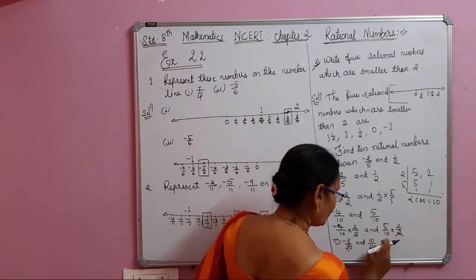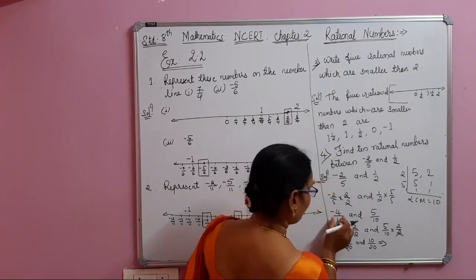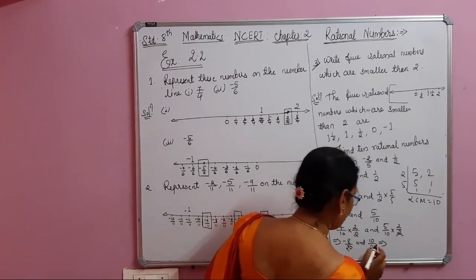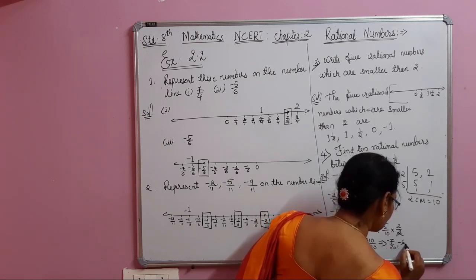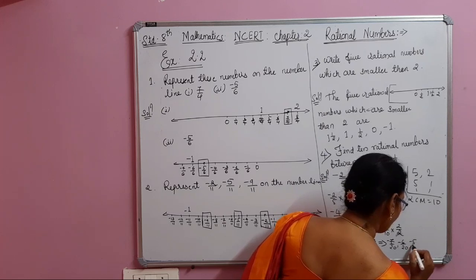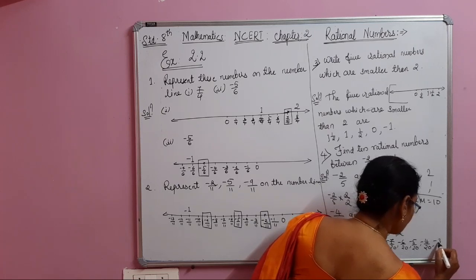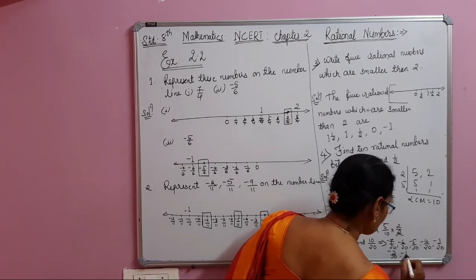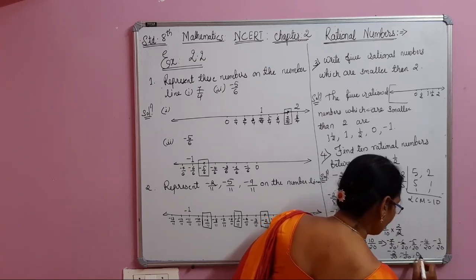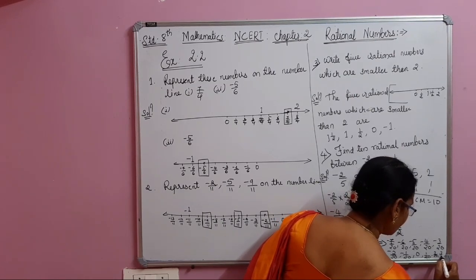So which are the 10 rational numbers then? Minus 8 by 20 is the first, but in between means leaving this. Minus 7 by 20, minus 6 by 20, minus 5 by 20, minus 4 by 20, minus 3 by 20, minus 2 by 20, minus 1 by 20, 0, then 1 by 20, 2 by 20, 3 by 20.